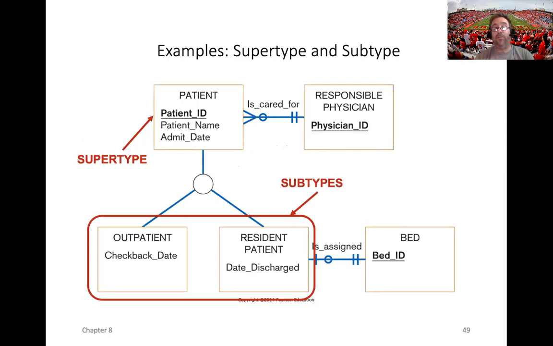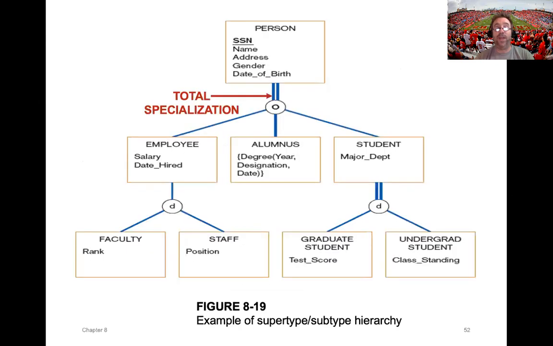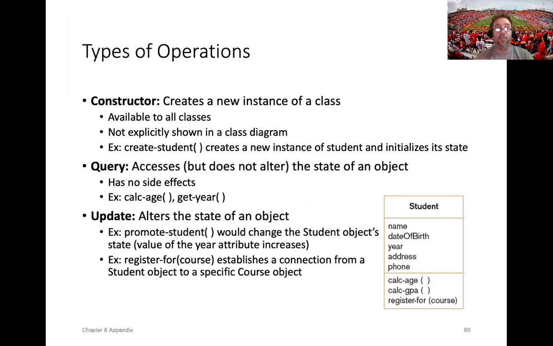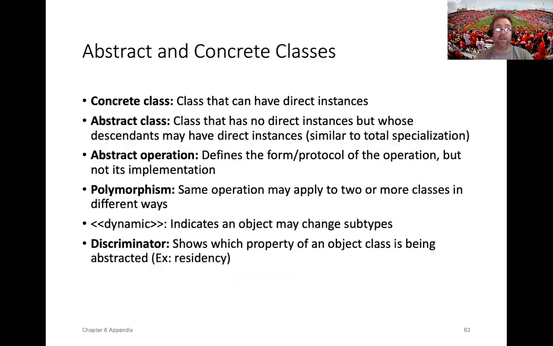For outpatient and resident patient, we're going to use all the data from patient ID, patient name, and admit date, and we're going to capture all that, as well as check back date and date discharge for both outpatient and resident patient. Essentially, it's the same thing when we're talking about this in the object class context. So an abstract class is a class that has no direct instances, but whose descendants may have direct instances.